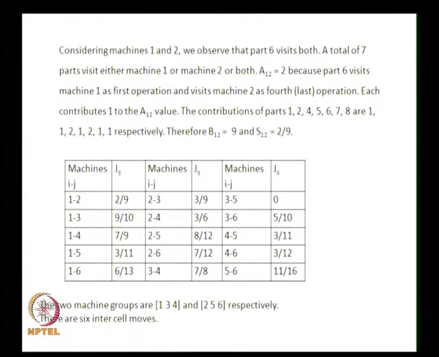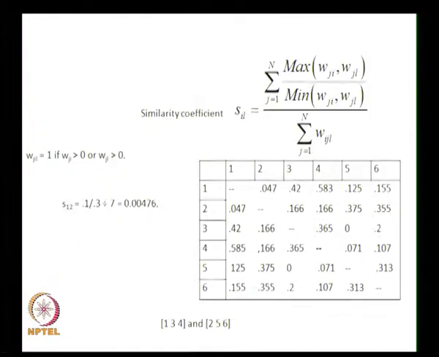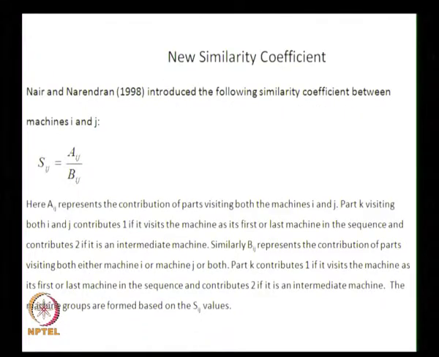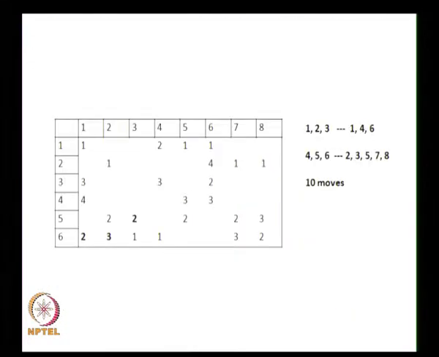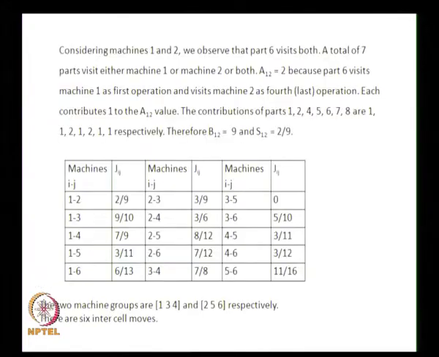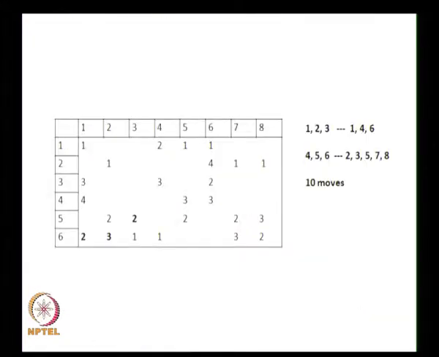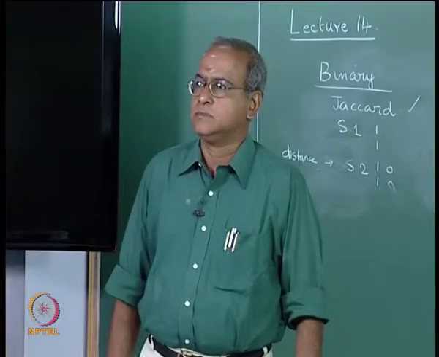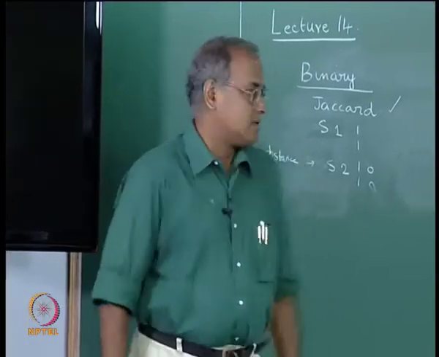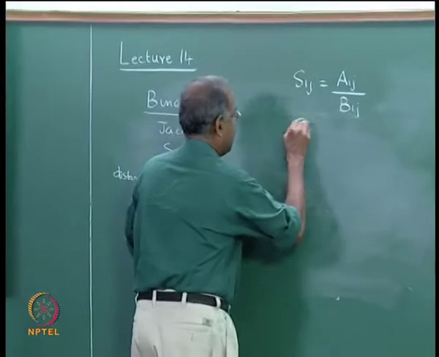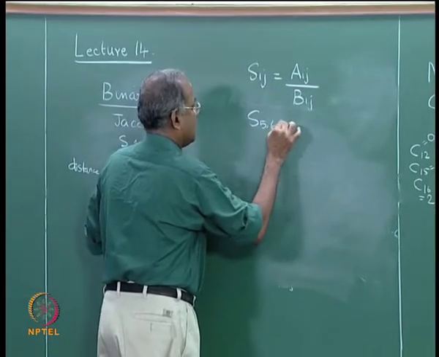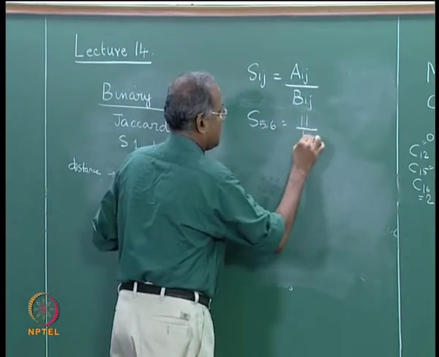Let us explain another similarity coefficient, say between 5 and 6. Let us compute between 5 and 6, the value is 11 by 16. S5 by 6 or S5 6 is equal to 11 by 16.